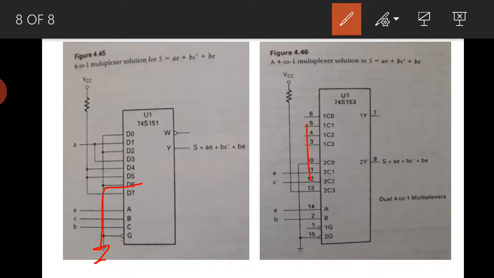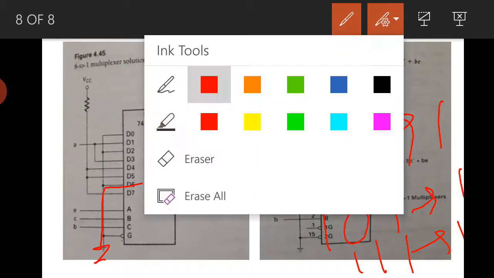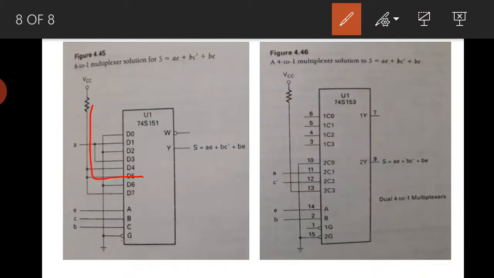Okay, and whenever it is 1 1, B and E, if it is 1 1, irrespective of C, that is 1. Means for the 1 0 1 combination, it should be 1, and for the 1 1 1 combination, it should be 1. That is 5 and 7. So you can see here, 5 is connected to 1, 7 is connected to 1.